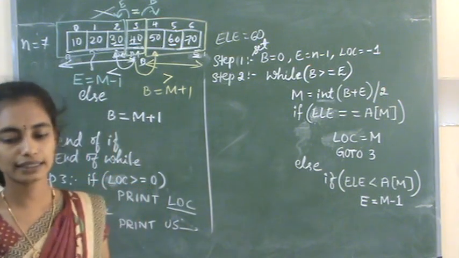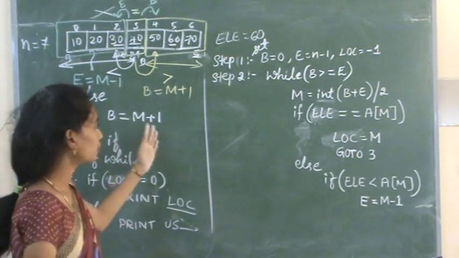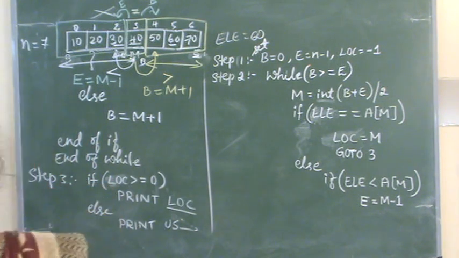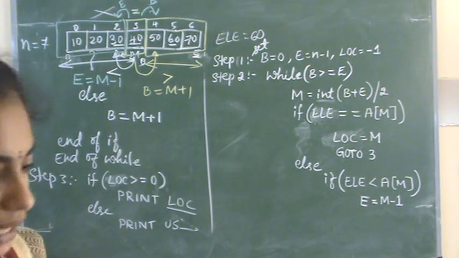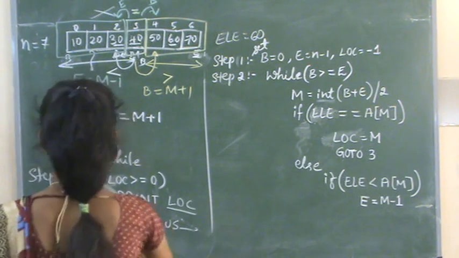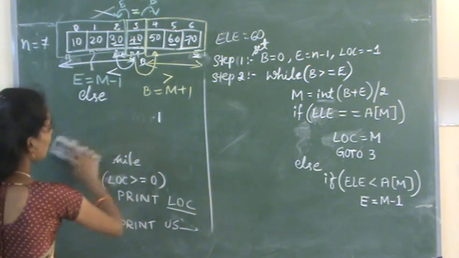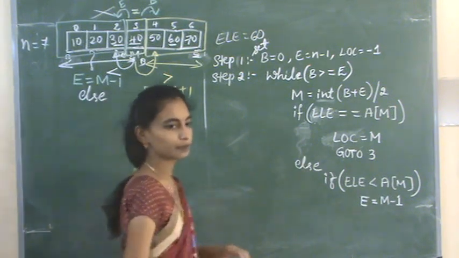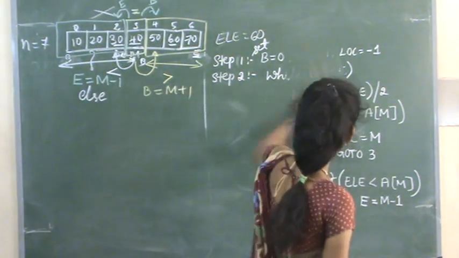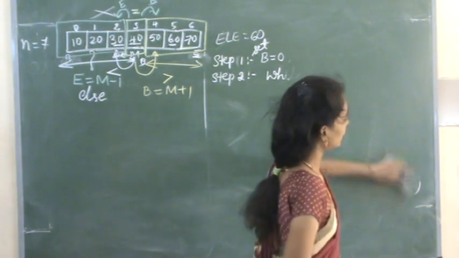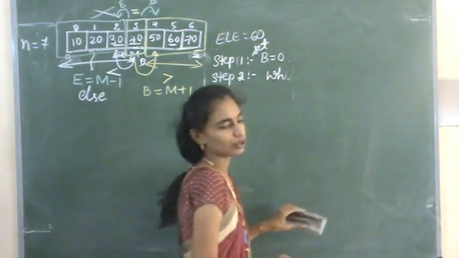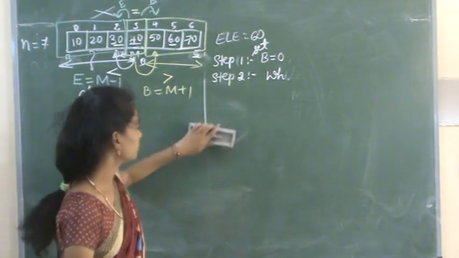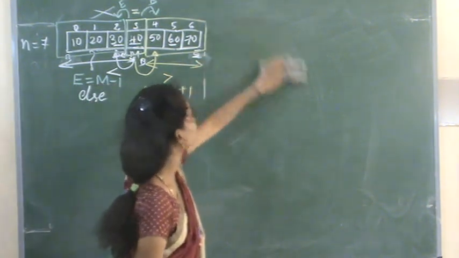So for this algorithm we will write the program, the same as linear search. We are using void main, those header files, and then inserting the values into the array. First we will take the n value, how many elements will be present in that array.